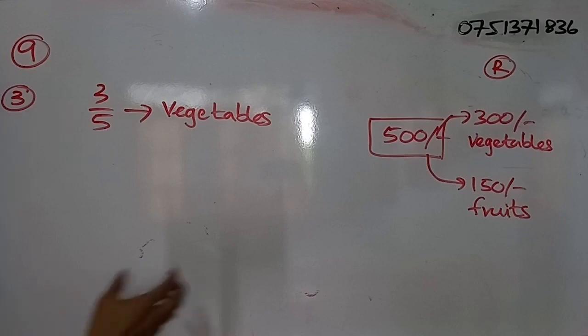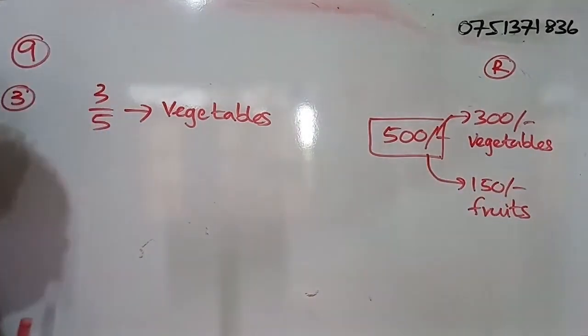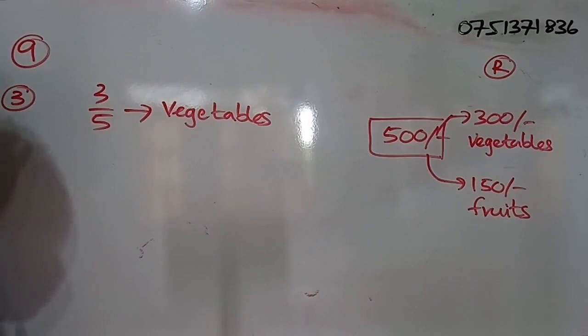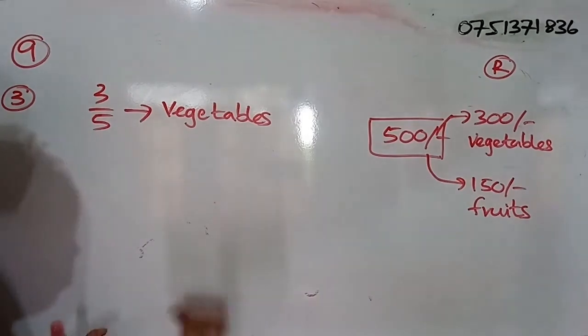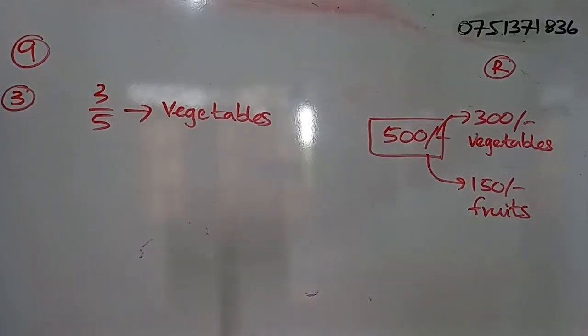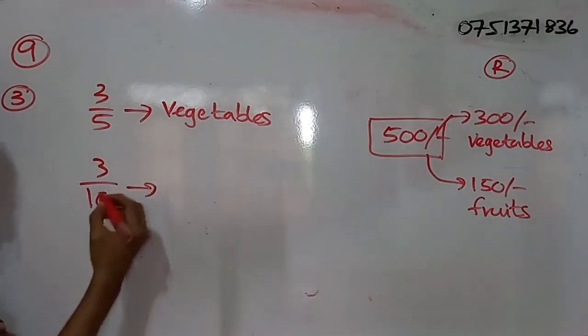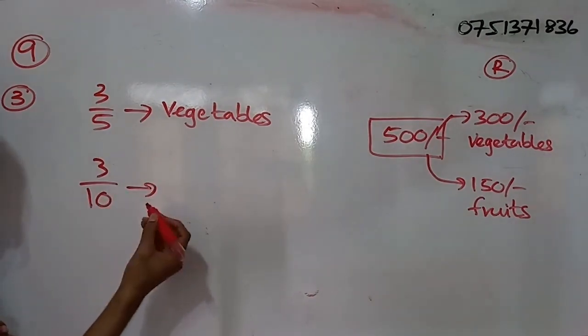We know 150 rupees she spent for fruits. And we converted that amount also into a fraction. So that will be 3 by 10.